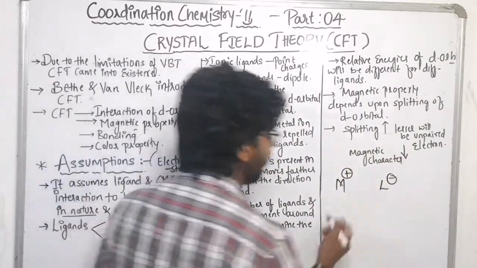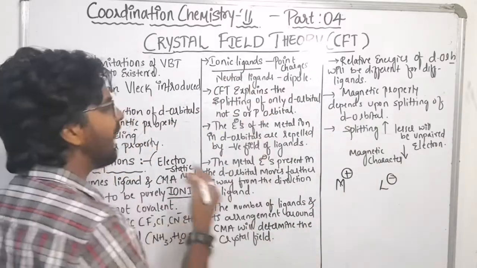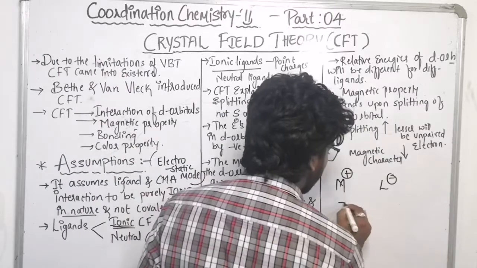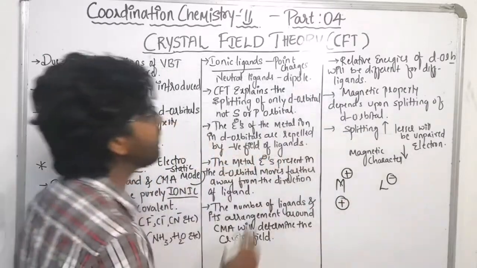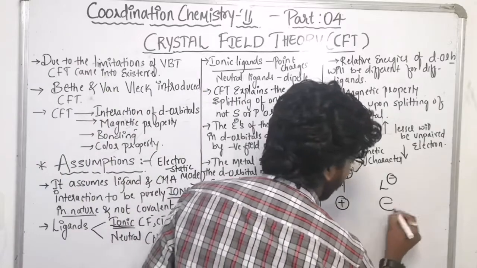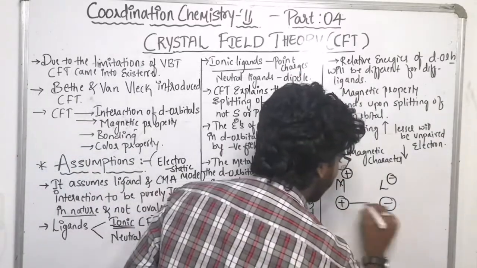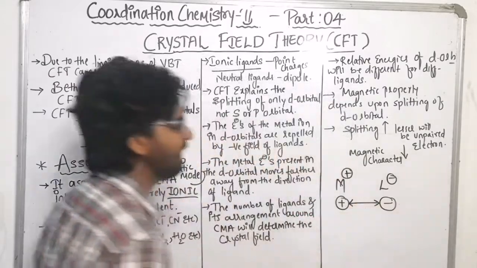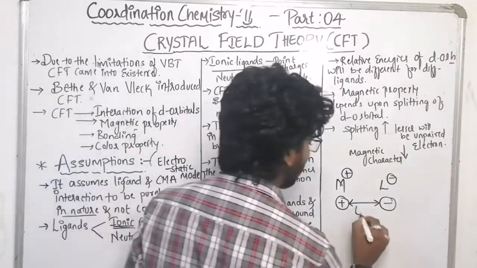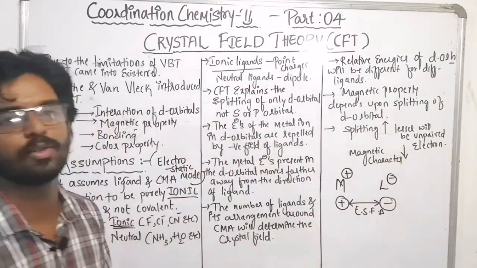According to CFT, if there is an ionic ligand, the central metal atom acts as a positive point charge, and the ligand acts as a negative point charge. In between the positive point charge and the negative point charge, there is an electrostatic force of attraction.